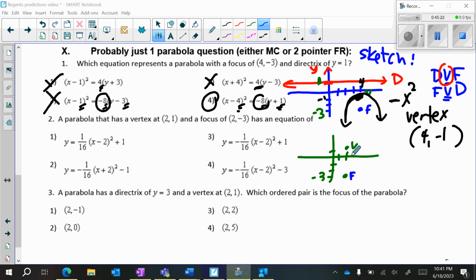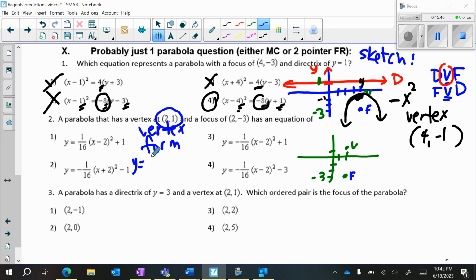So for this next one, you see the vertex is 2, 1, the focus is 2, -3. I labeled them both. Before I even do anything, I noticed that this one has a different format for its equation. This is called vertex form. So again, you have to know the vertex is going to be in the equation. So you know they're going to be using 2, 1. Okay, so keep that in mind.